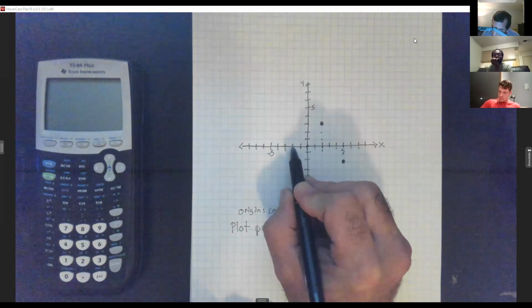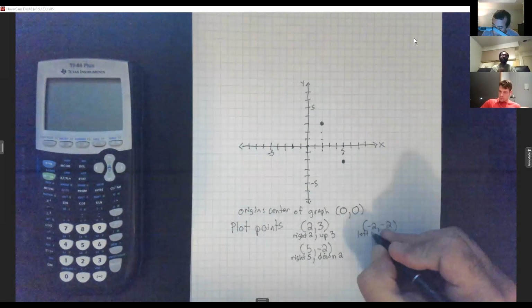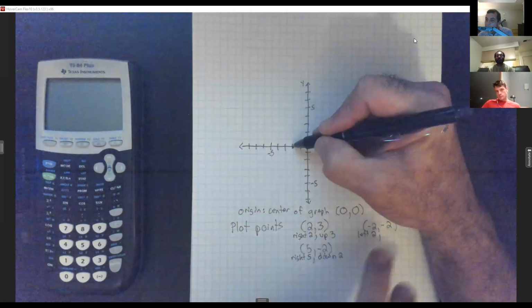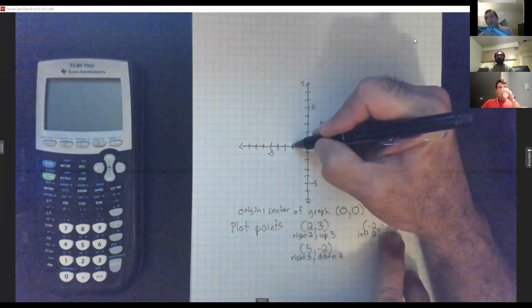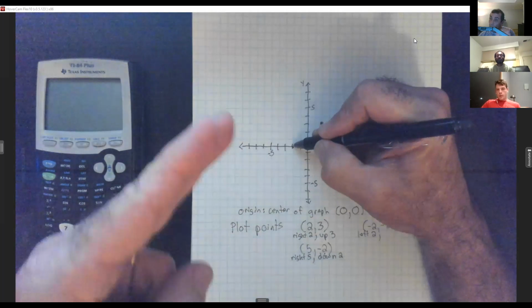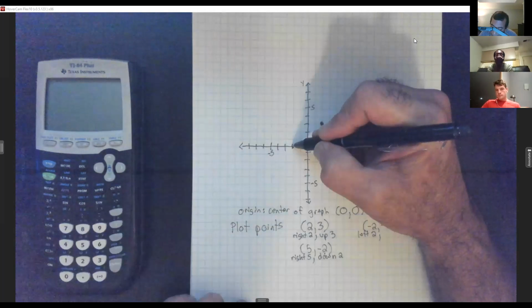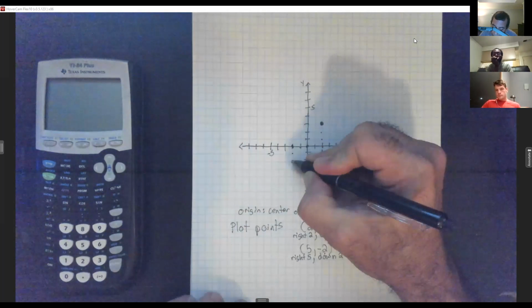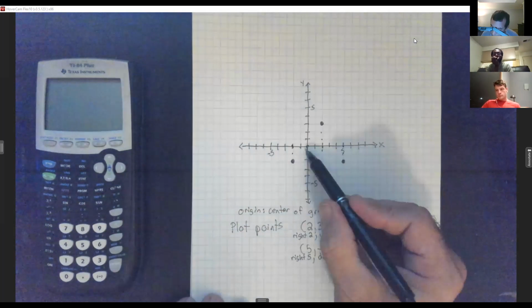So we went left 2. So we're sitting right here at -2. The y value is -2. So remember, on y values, when they're negative, you go down. So from that -2, I would go down 2 and then put my dot. So 2 left, 2 down.